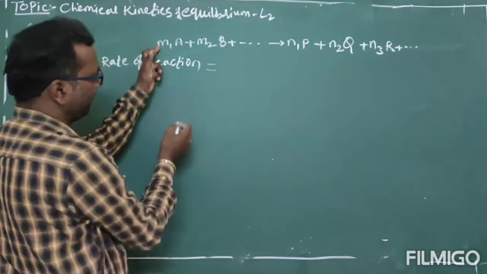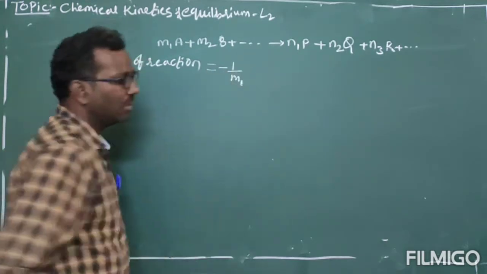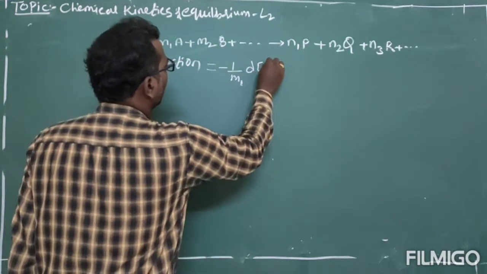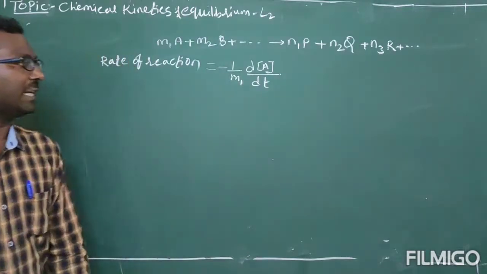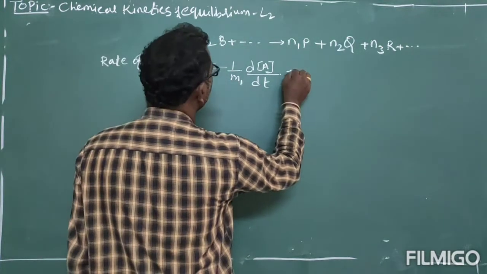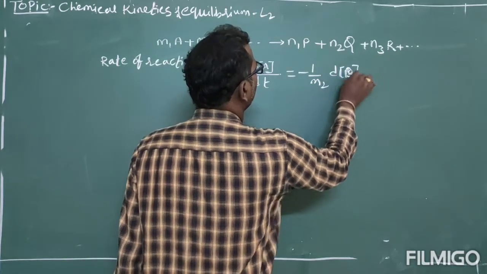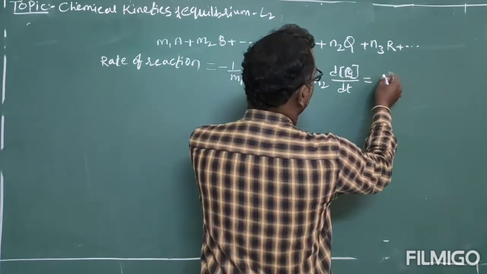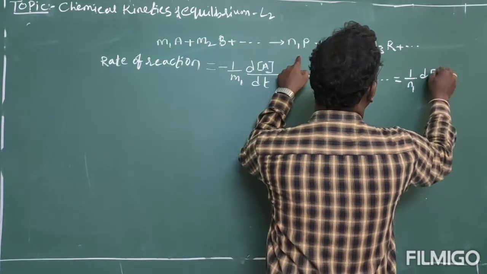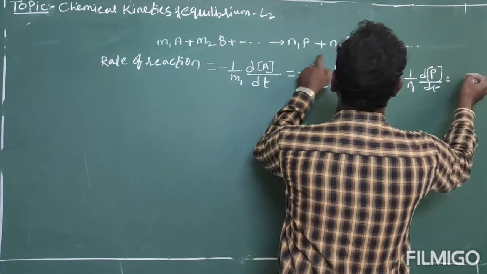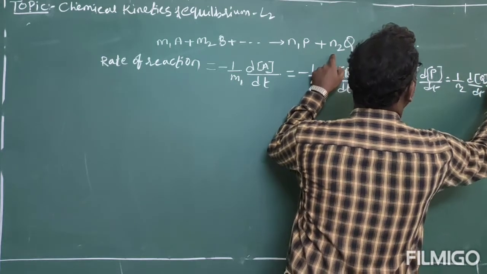The rate of reaction for the above equation is minus 1 by m1 times the change of concentration d[A] by dt, equal to minus 1 by m2 times d[B] by dt, and so on, equal to 1 by n1 d[P] by dt, equal to 1 by n2 d[Q] by dt, plus so on.